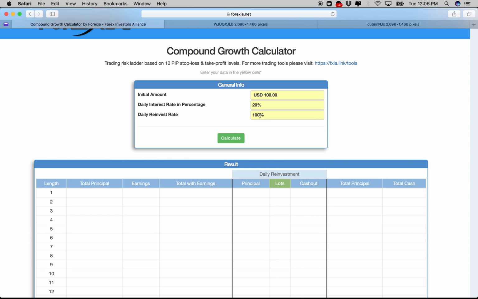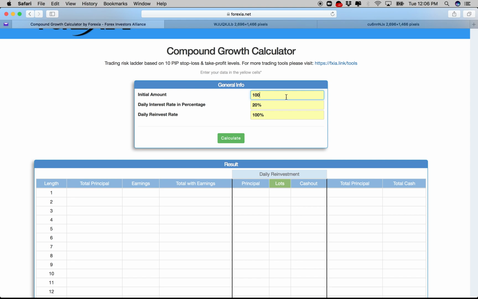And below that is the investment rate that you will be reinvesting. So if you make a $100 profit and you have a 100% reinvestment rate, you will reinvest all of that back into compounding your account. That's what 100% means. So all of these variables can be changed to your liking.